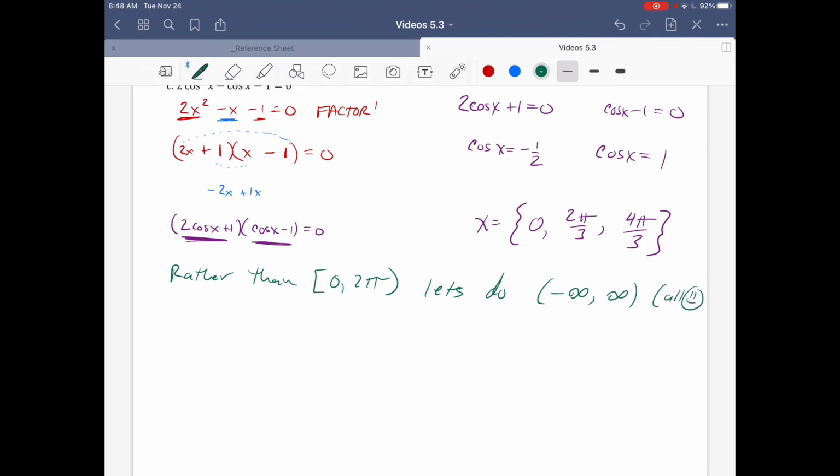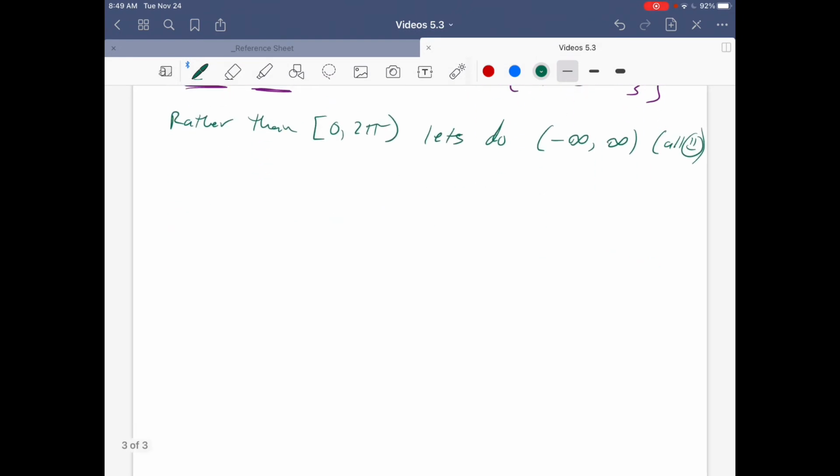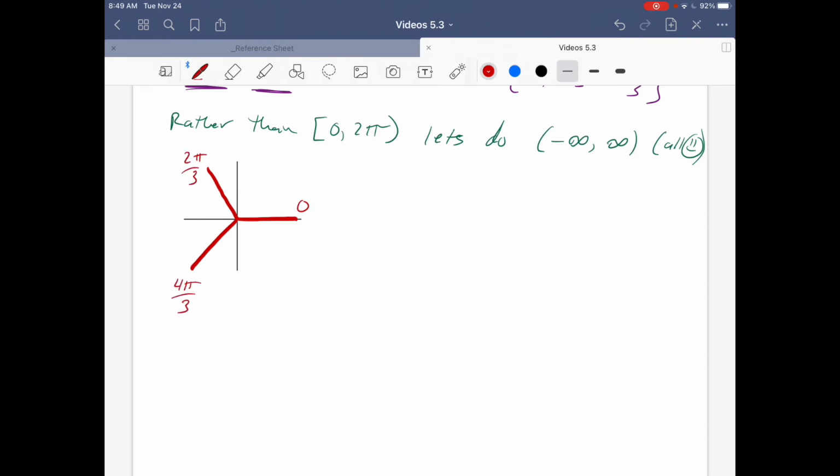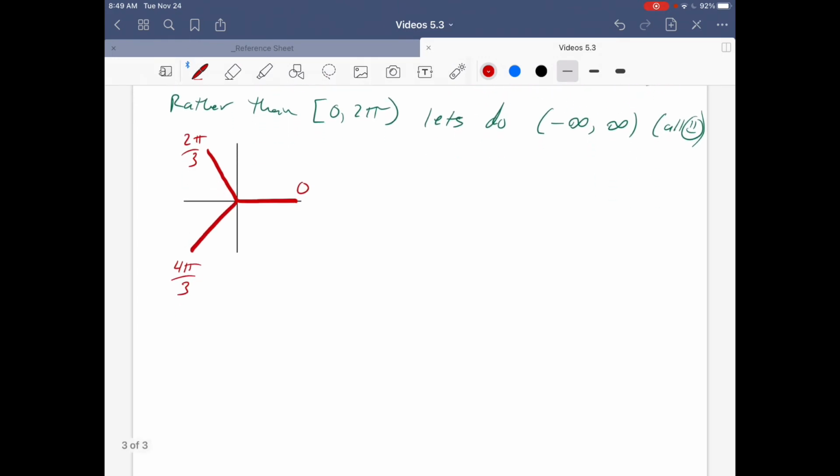In other words, all solutions here. And so what we're going to do is let's sketch our 3 solutions from earlier. We had 0, we had 2 pi over 3, and we had 4 pi over 3. Those are the 3 values on the unit circle that fulfilled the original equation.